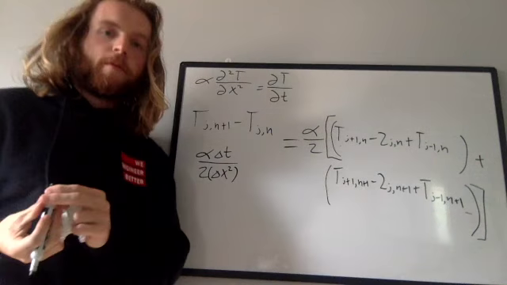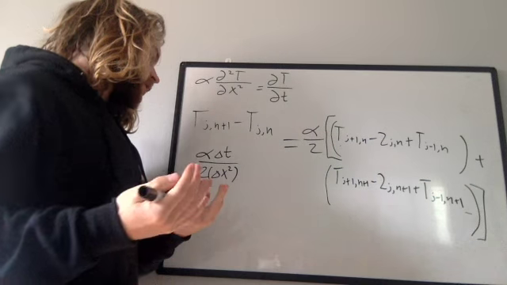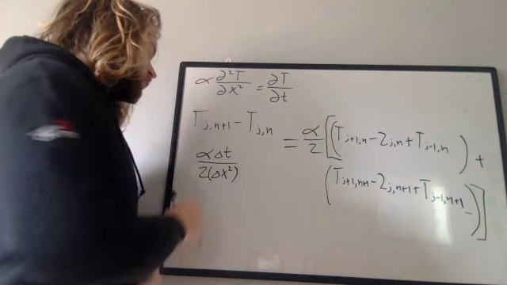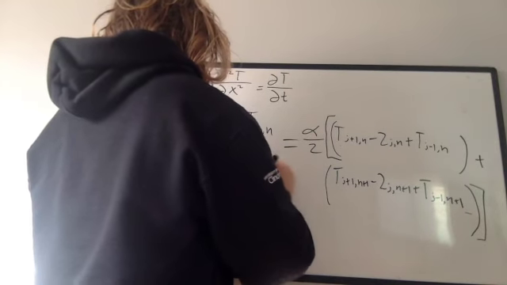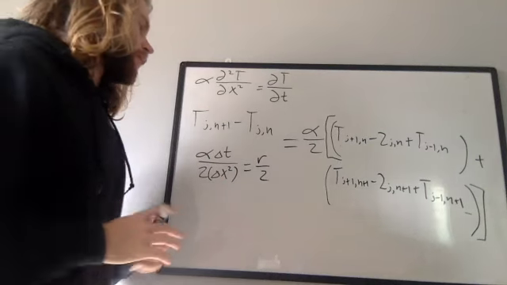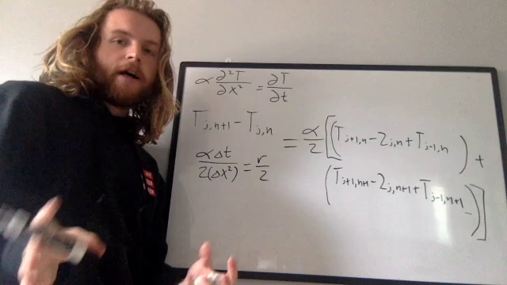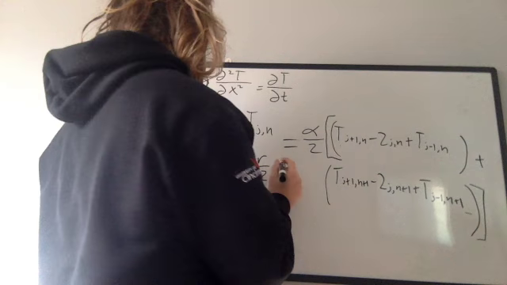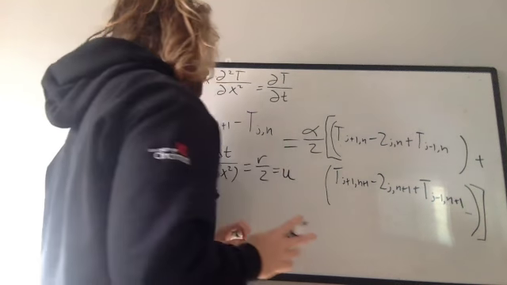And if you remember from our last few videos, we said that our R expression was equal to this without the 2 over here. So we can say that this is going to be equal to R over 2. And when we go into Python, we are actually just going to use mu to represent R over 2. We're not going to be coding it as R over 2. This is just going to be used as mu, or u, since we can't really use the Greek alphabet in Python.